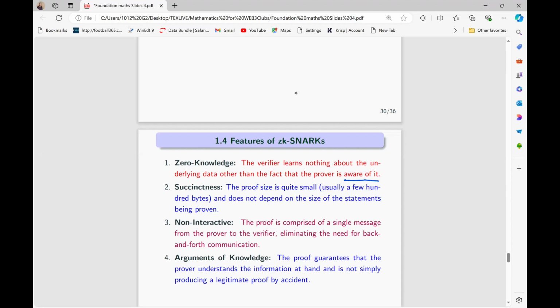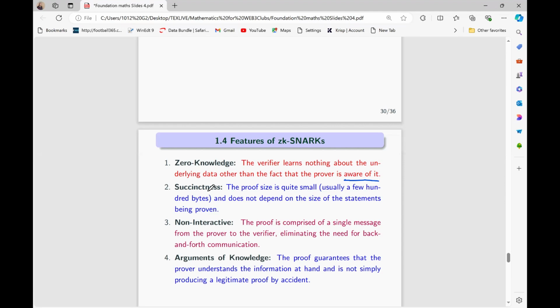So that is what we are saying, zero knowledge. The verifier, the person who wants to verify that you know the information, should only know at the end of the verification process the fact that you know it, but should not know what you know.